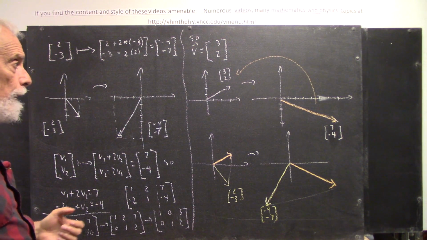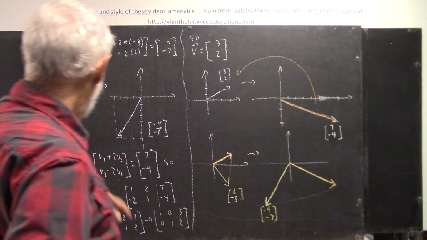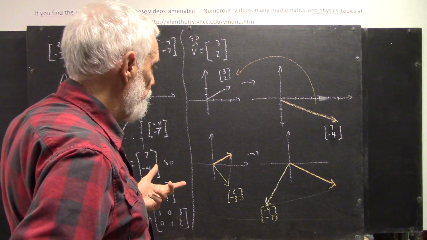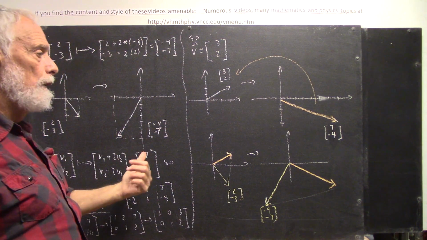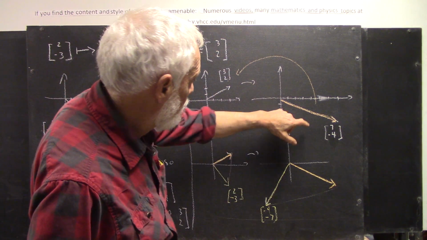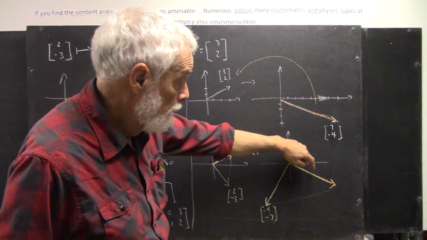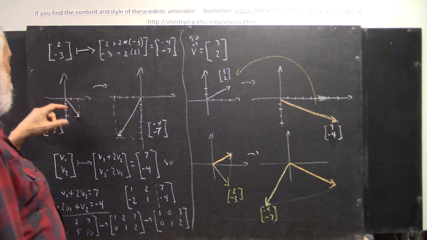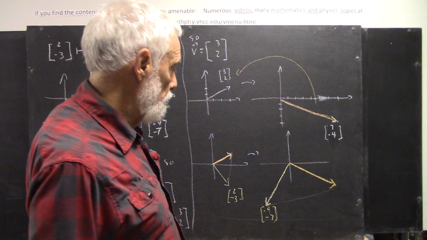Okay, so now we have a picture of at least part of this linear transformation. The picture tells us that this vector 3, 2 maps onto this vector 7, -4, and this vector 2, -3 maps onto the vector -4, -7. Well, we can combine those two results into a single picture, and let's color code it. This will be the vector 3, 2 that maps onto the vector 7, -4, and we've coded that in orange. And also the vector 2, -3 mapping onto -4, -7 we've coded in yellow.